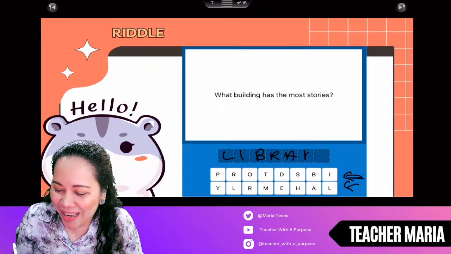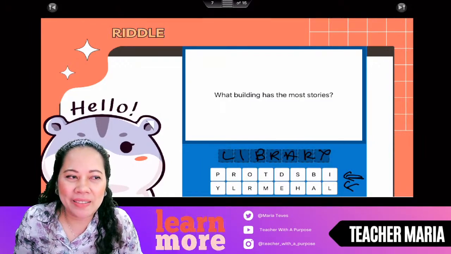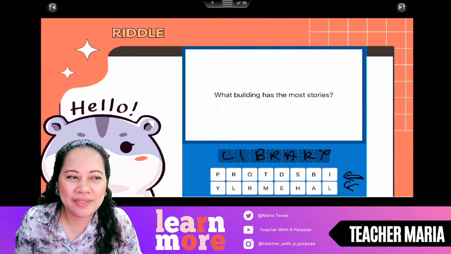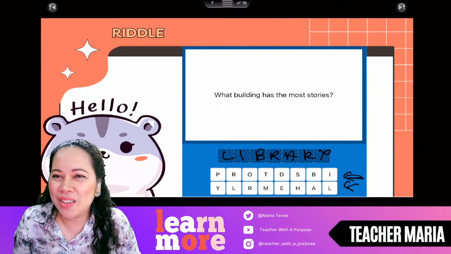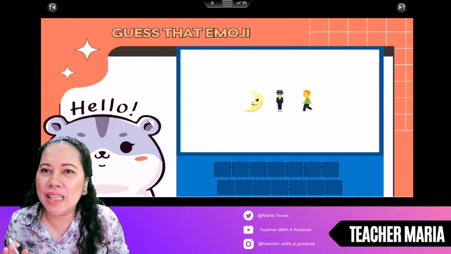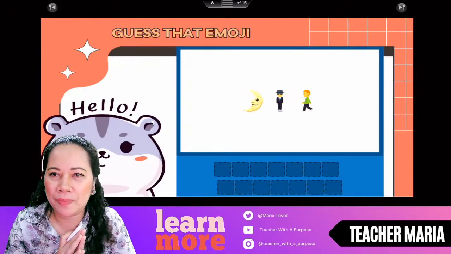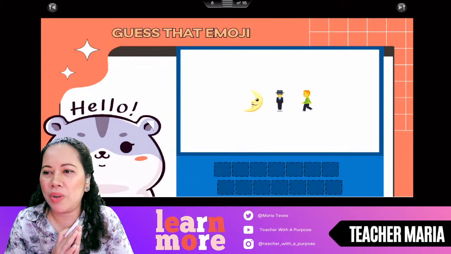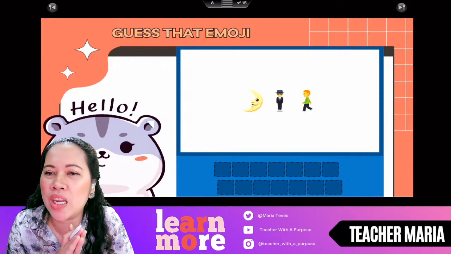That is right. Library. Okay, that's correct. It's library. Okay, guess this emoji.